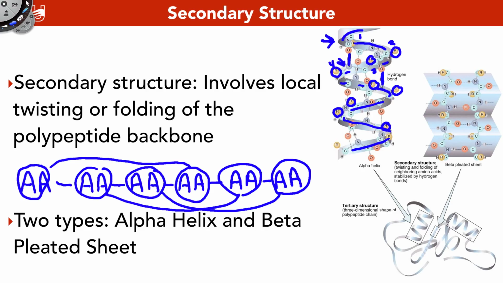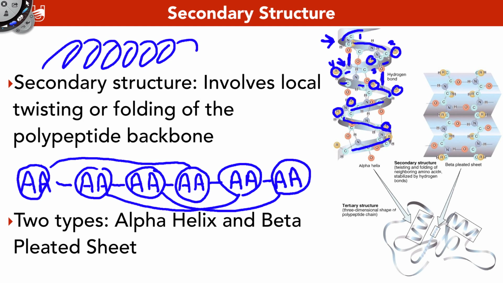Do you see how these amino acids are interconnected? Okay, when they start forming that, they are forming hydrogen bonds, and the totality of all these hydrogen bonds starts to form these helical structures that we call alpha helices. Okay, and these are formed by hydrogen bonds between the different amino acids.